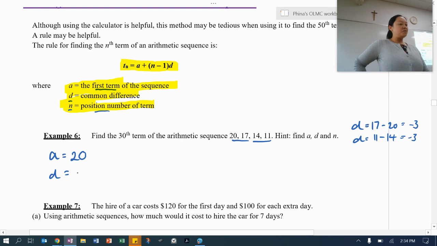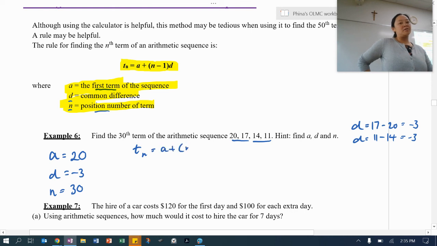So my common difference is negative 3. And then what position number term are we looking for? The 30th term. Good. Now, last thing, I'm going to stop after this example. So then what we do to find the term is substitute those numbers into this formula.